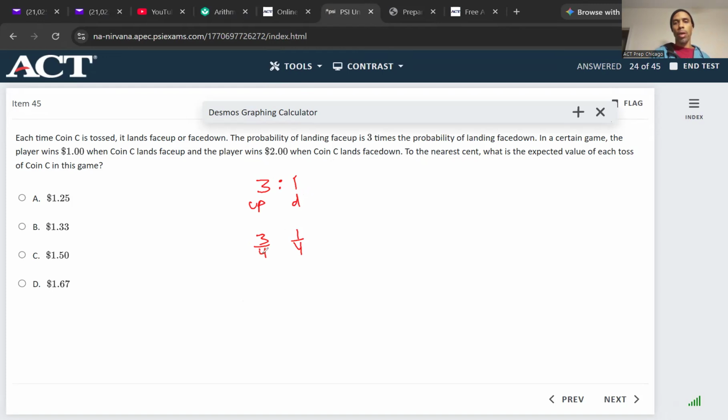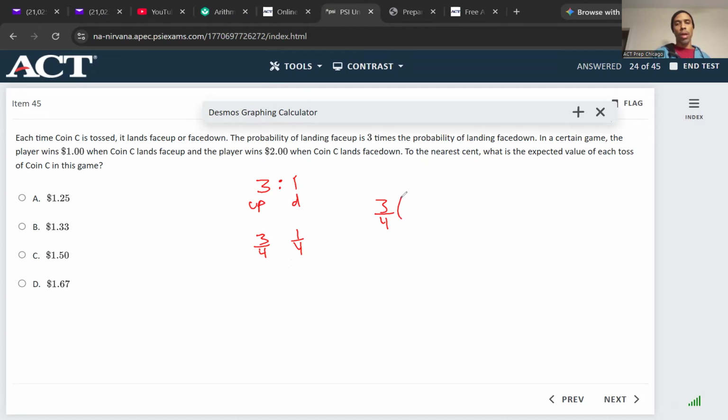Probability of landing up is 3 out of 4, because 1/4 times 3 would be 3/4. That's what I just did. I think it's the probability times the weight.